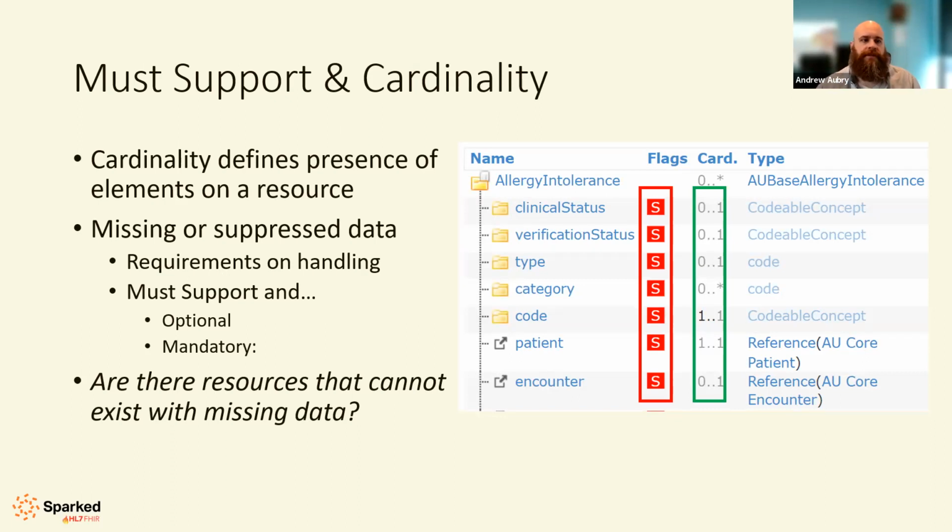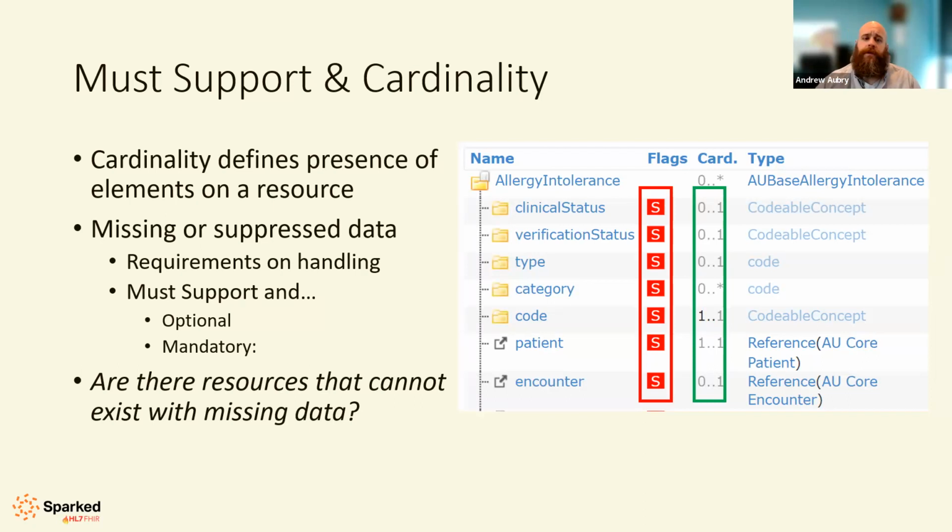One of the other topics that is related to must support, and you'll see in the implementation guides and profiles, is cardinality. So cardinality only defines the presence of the elements on a given resource. It does not actually provide any meaningful interpretation of that, so it is solely the lower and upper bounds of how many times that element needs to be present in the containing model or element.